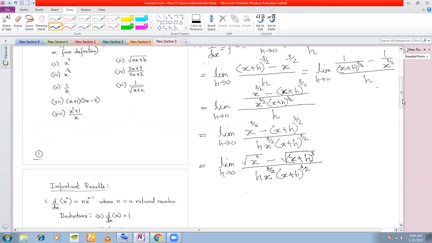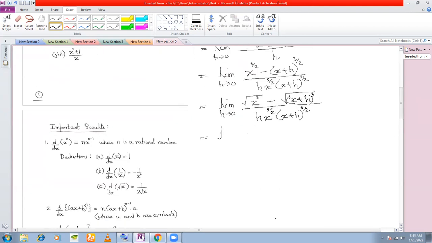So now if you see in the numerator, you have a radical. So you multiply this by the rationalizing factor. Limit h tends to 0.